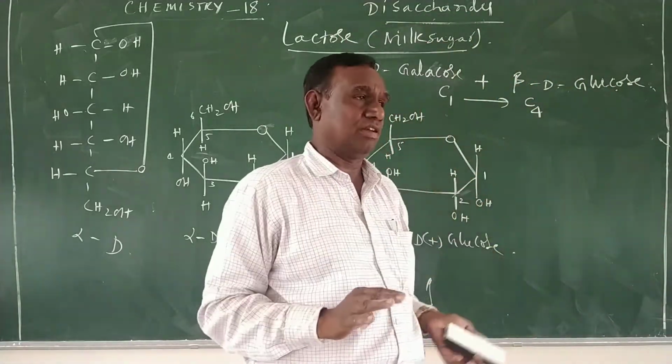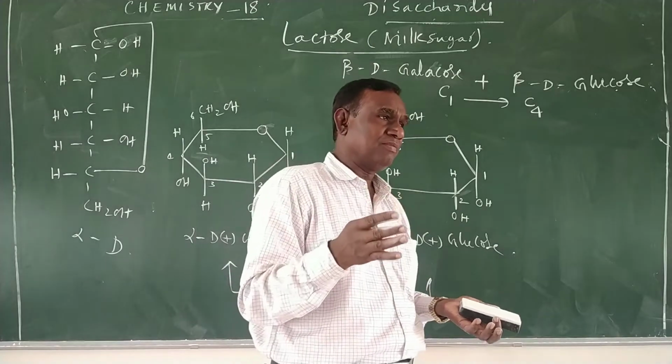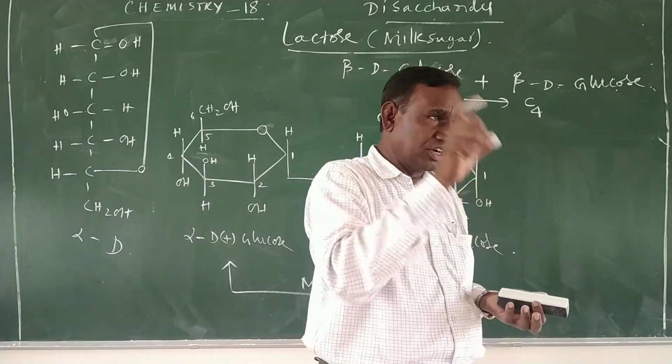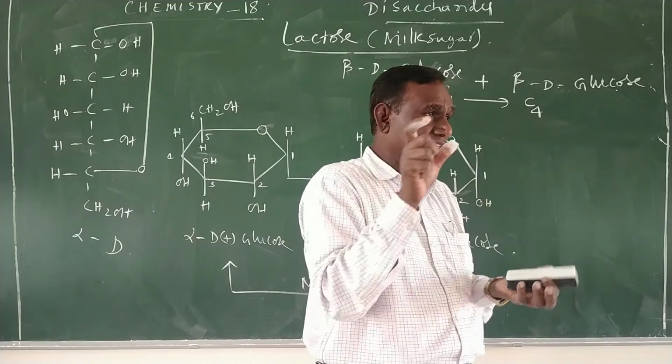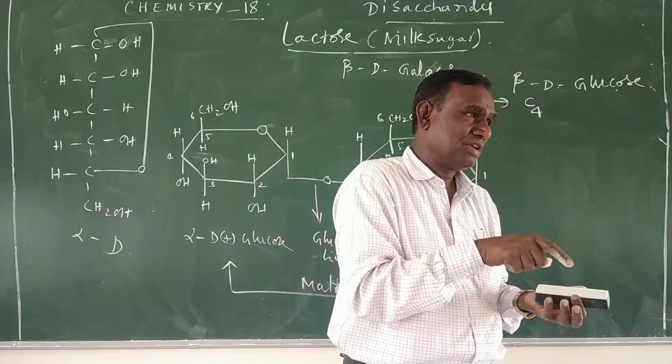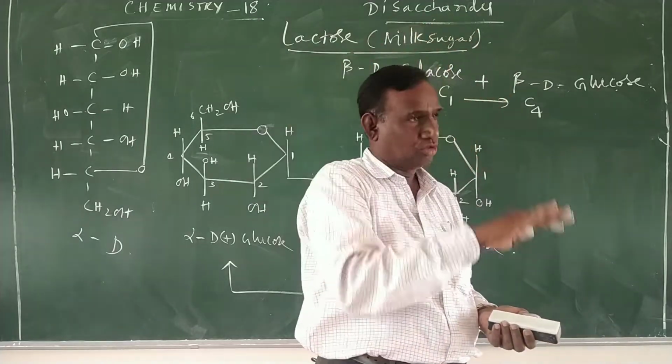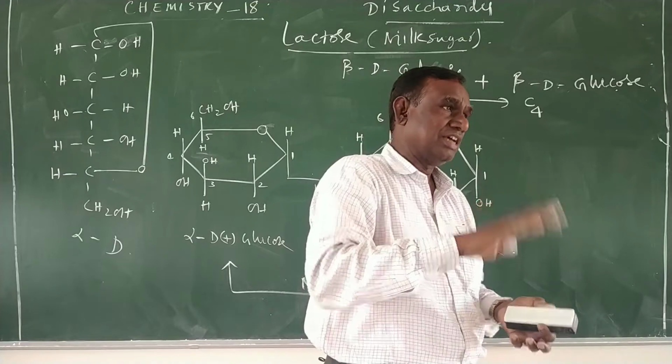Then you will be getting the galactose. So rearrangement of H and OH groups at the fourth carbon atom of glucose gives the galactose structure.